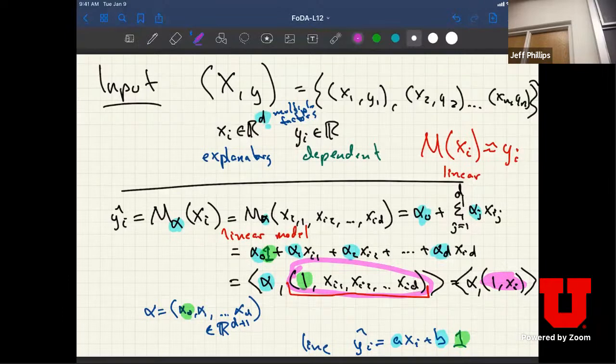So the model depends on alpha. That's why I wrote this as m sub alpha here, because the model depends on it. Our choice of model will be parameterized by alpha, and if we can determine what alpha is, we know how to evaluate this model. Again, just a dot product here.